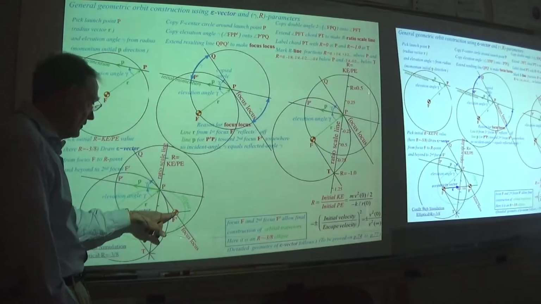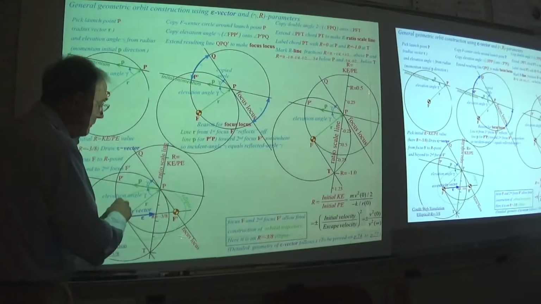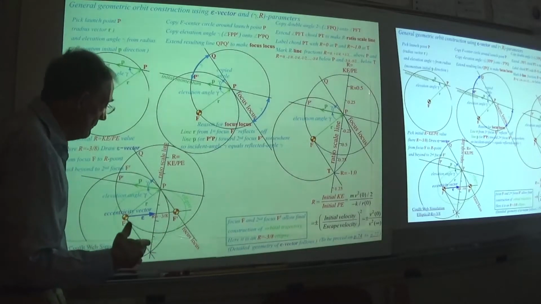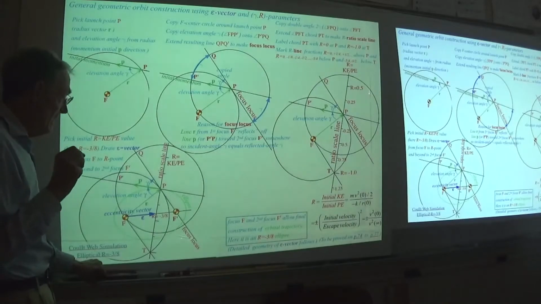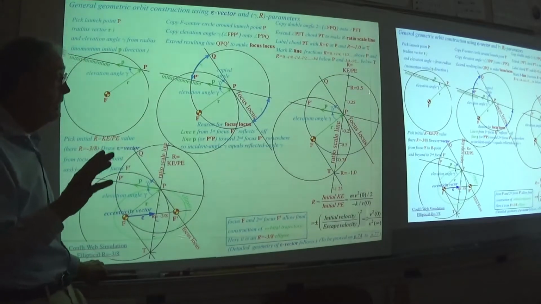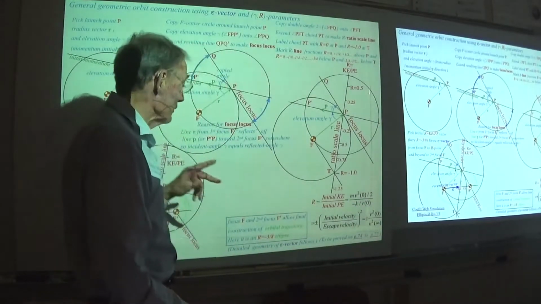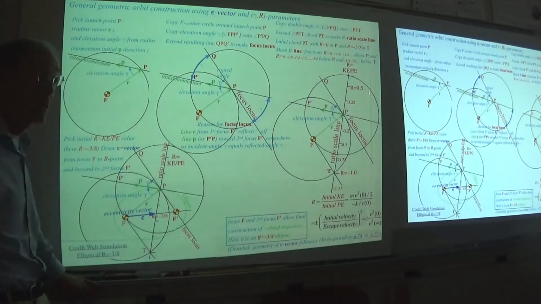That's the focus of the ellipse that's going to have that R ratio, that energy ratio. And it keeps the energy. The total energy is kinetic plus potential. That is, the sum of these two is constant. But the ratio is what gets you started. Isn't that cool?